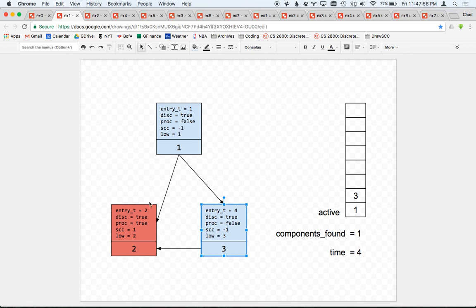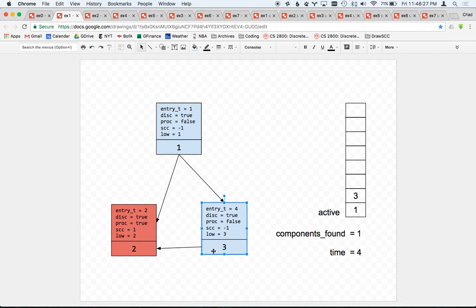So we know finally, after all that thinking, that we are not going to get anywhere with vertex 2 in terms of getting back to an ancestor of vertex 3. So this edge does not help us, which means that we don't mark our low as any lower than it already is for vertex 3.